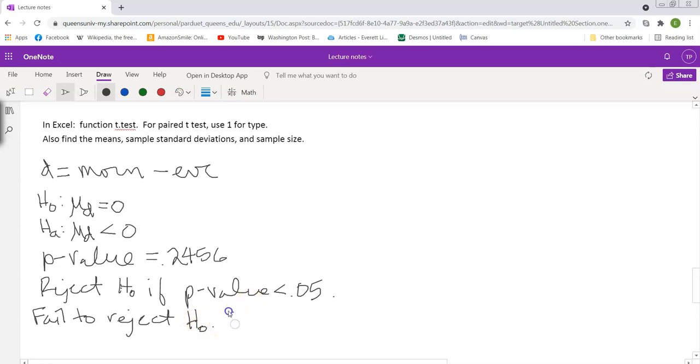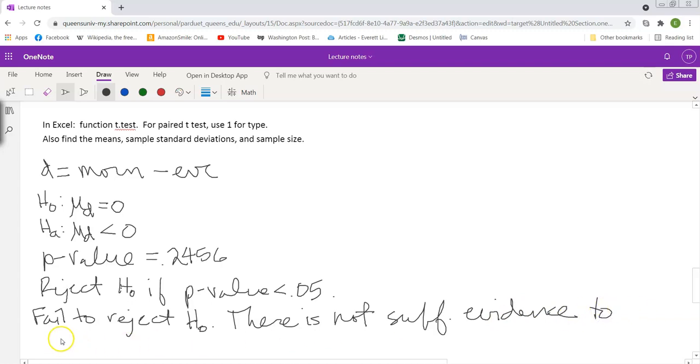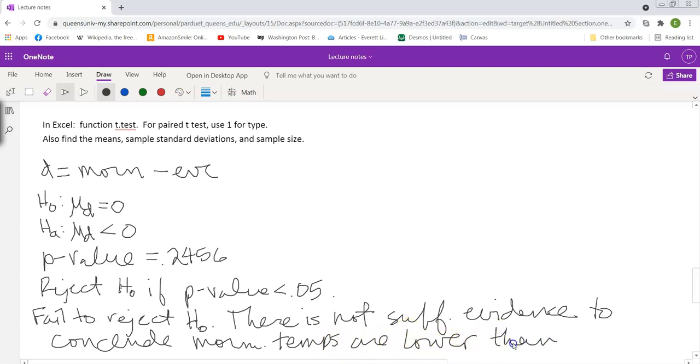And say that there is not sufficient evidence to conclude morning temperatures are lower than evening temperatures on average.